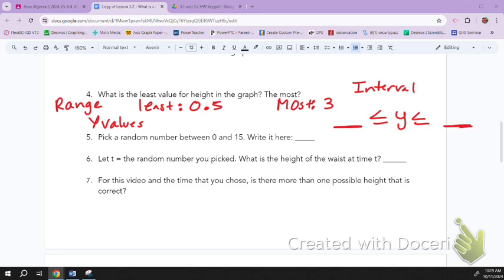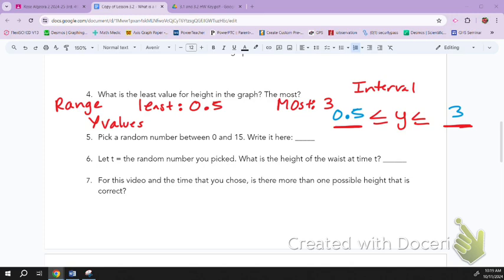And I'm going to put some blanks here. What's going to go to the left of y? 0.5. What's going to go to the right of y? 3. Okay, and this is what it will always look like when we're describing domain and range, depending on the function. And today, we've got a function that starts and stops. It doesn't continue on.